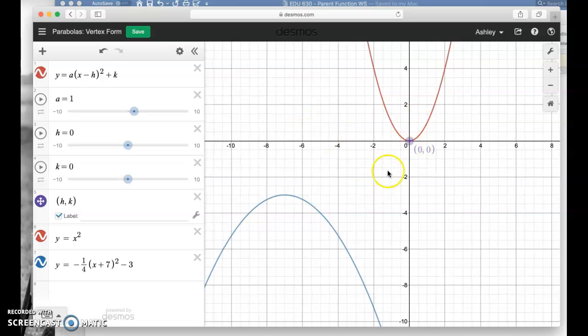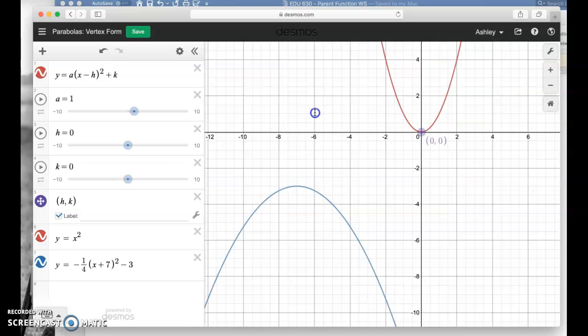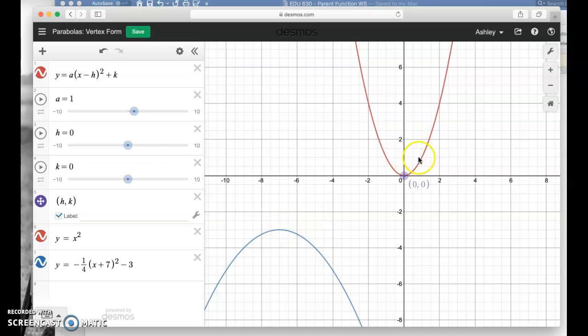And if you want to pick it up and move it, all you got to do is click on it and move. But we're going to compare these two items. So if we notice, the graph has been reflected over the x-axis. It's now upside down. It's also a lot wider. So remember, that's coming from this a value over here, that negative 1/4. If it was negative, it's going to get reflected over that x-axis.